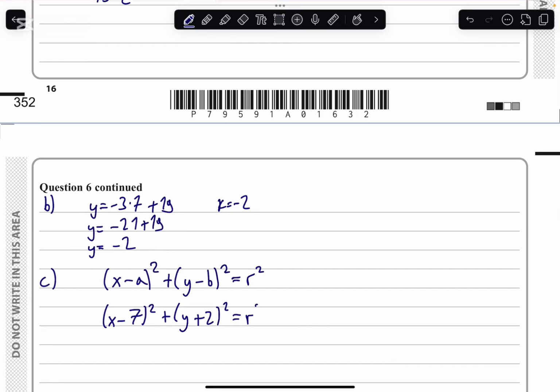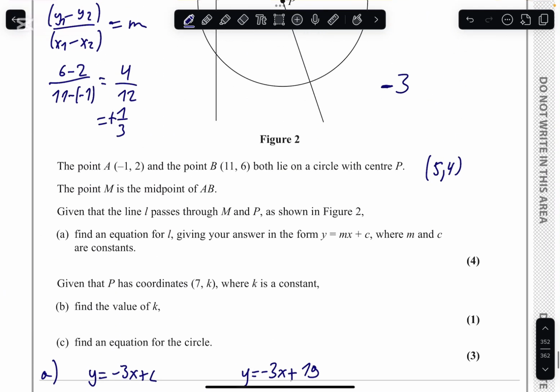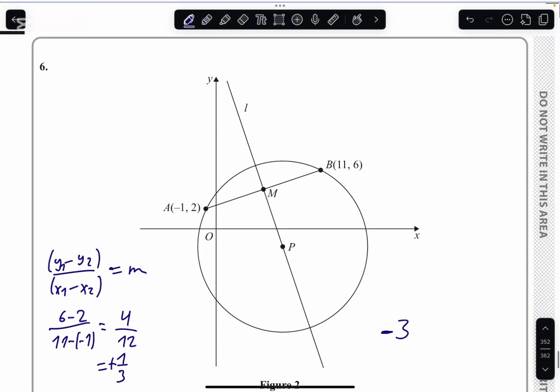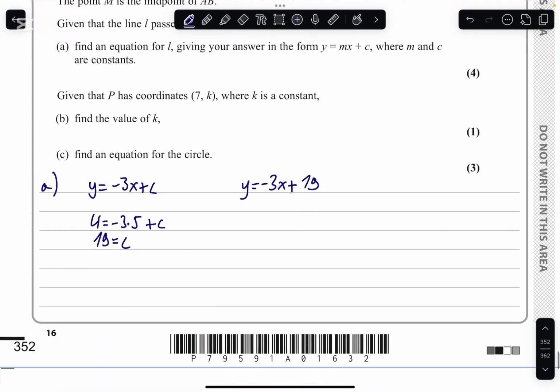And we need to find the radius and then square it. How will we find the radius? Well, we will just find the length of this line here, because this is a point on the circle and this is the center, so this is just the radius. How will we find the length of that line?